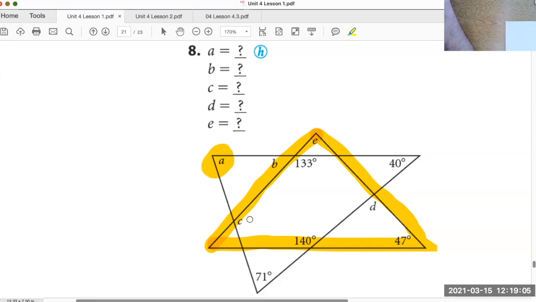Some of you may notice that C is equivalent to A plus B because A plus B, the sum, is supplementary to this angle. C is also supplementary. So A plus B must equal C.